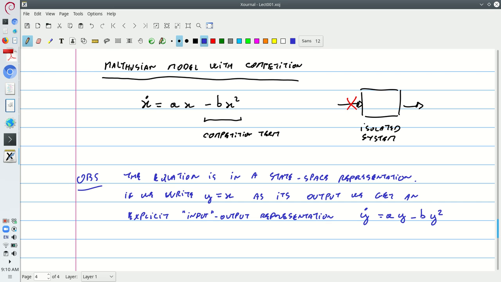Why have I put the input part in quotes? Because there is no actual input. So the input output representation is not very interesting.